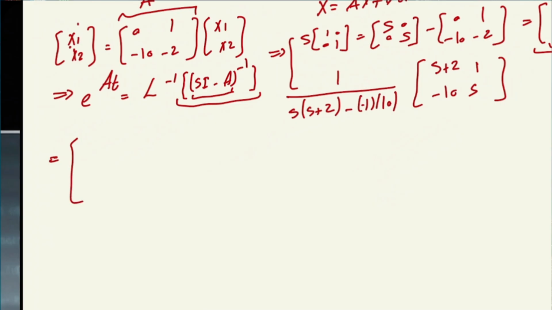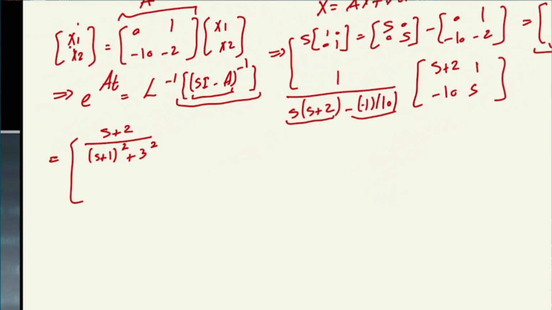Obviously, it's going to be a little bit complicated, so bear with me. (s plus 2) divided by (s plus 1) to the power of 2 plus 3 to the power of 2. I have a reason for writing that, because 3 to the power of 2 is just 9 itself, and I'm going to talk about why I wrote it down like this instead of just having s times (s plus 2) plus 10.